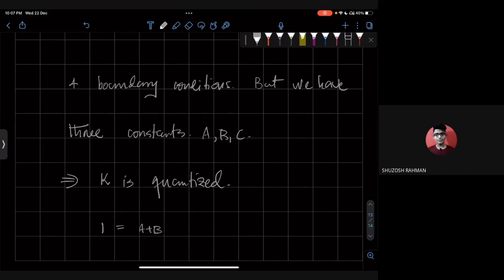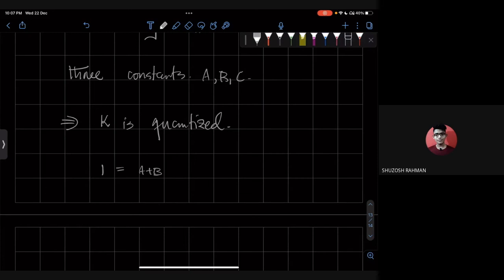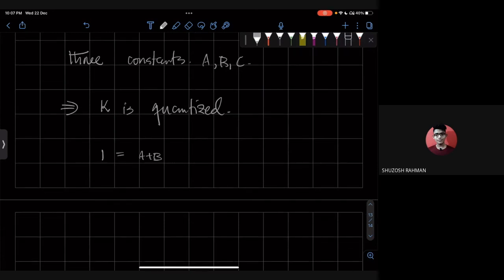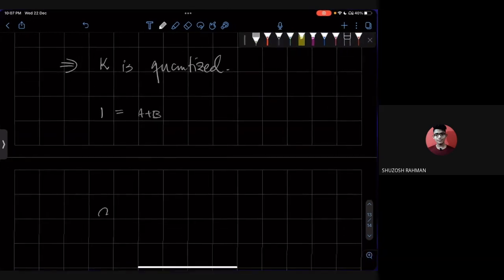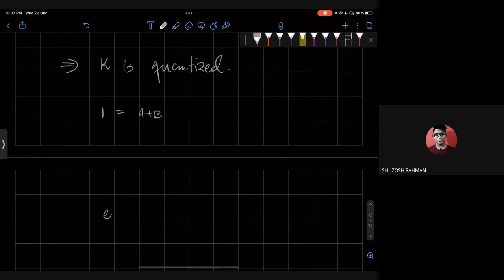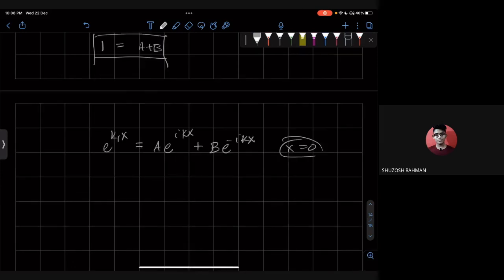It's when e to the power k1x is equal to A e to the power ikx plus B e to the power minus ikx, and you put x equals 0. You get this equation, right?